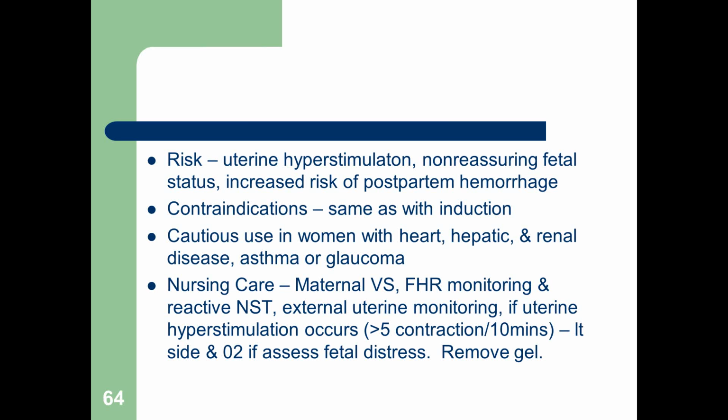That's very important, okay? Use caution in women with heart, hepatic, and renal disease. When you're talking about using hygroscopic agents or prostaglandins, you've got to be real careful. So you have to have a thorough history before you start administering different cervical ripening agents, if you will.